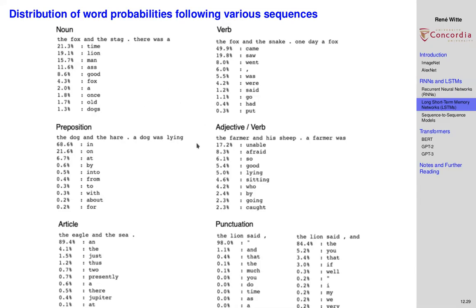And even though we haven't done any part of speech tagging or any other kind of language modeling, just from processing the input text, it picked up what kind of word category is the most likely here: a noun, a verb, preposition, adjective, and so on.